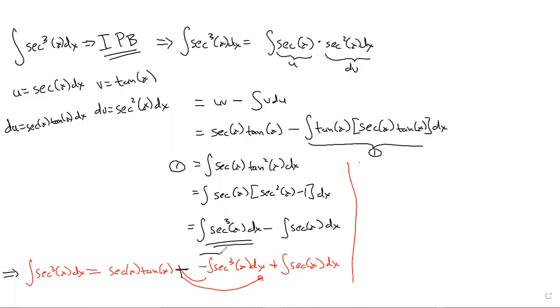And then I'm going to move this guy over to add to this guy. So now we have 2 times the integral of secant cubed x dx is equal to secant of x tangent of x plus the integral of secant of x.